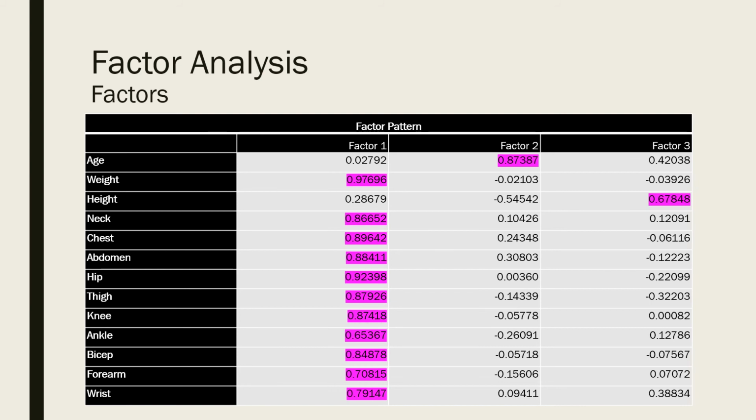And so those are the 3 factors that we can use, and so instead of having 13 variables in a final predicting equation, we would just have these 3 factors that we can use in place of the 13 original entries.